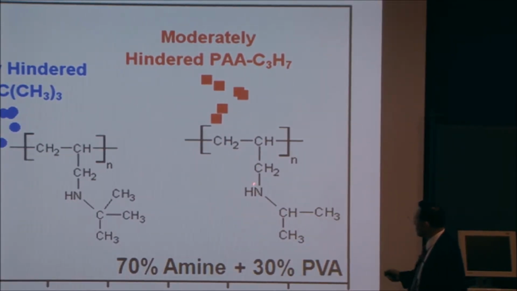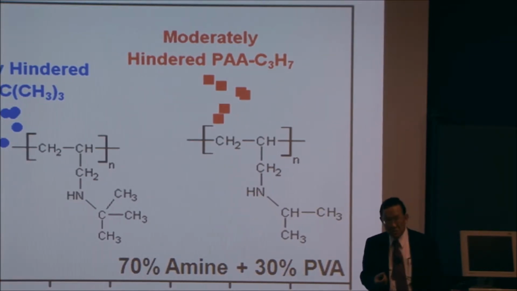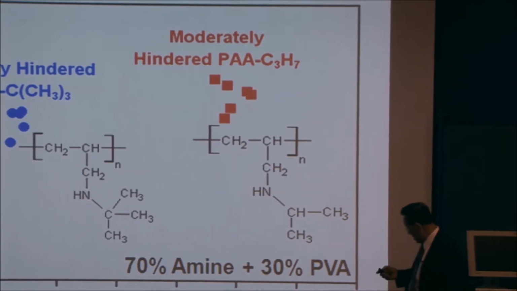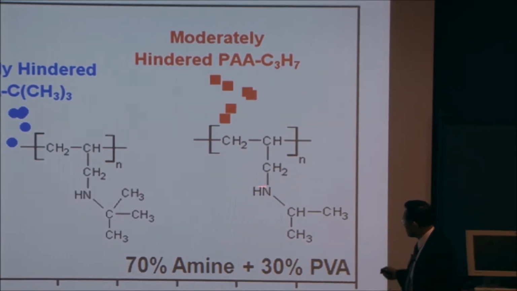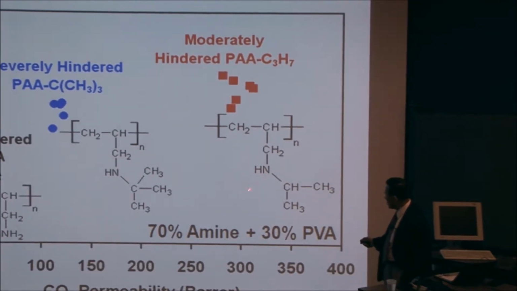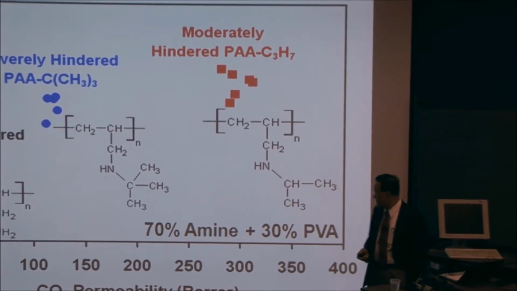Because of the presence of a bulky group, the amino group reaction with CO2 is affected because there's not enough space for the carbon dioxide to attach to the nitrogen side.